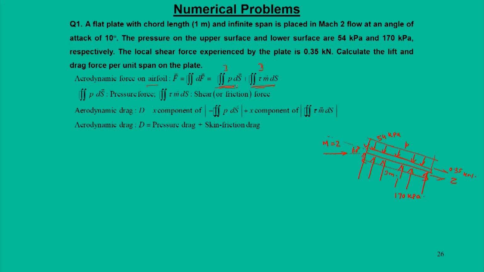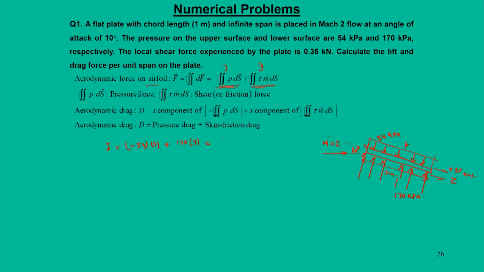Now, if you evaluate term 1 for this case, the pressures on the upper and lower surfaces act in opposite directions. So 54 is coming down, so you say minus 54, for unit span, plus 170 into 1.